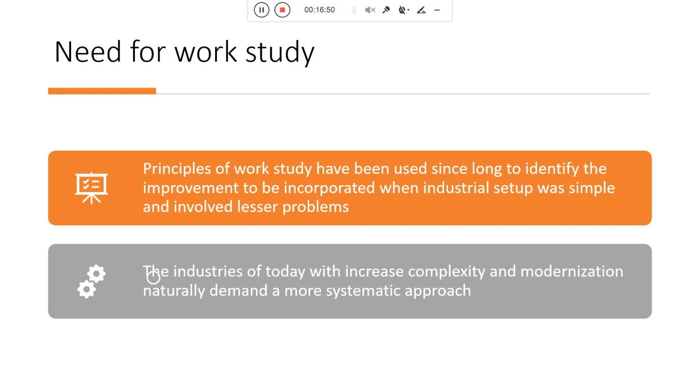In the second paragraph it is written: the industry of today, with increased complexity and modernization, naturally demands a more systematic approach. If you visit any industry, a lot of work and operations are going on in that organization.